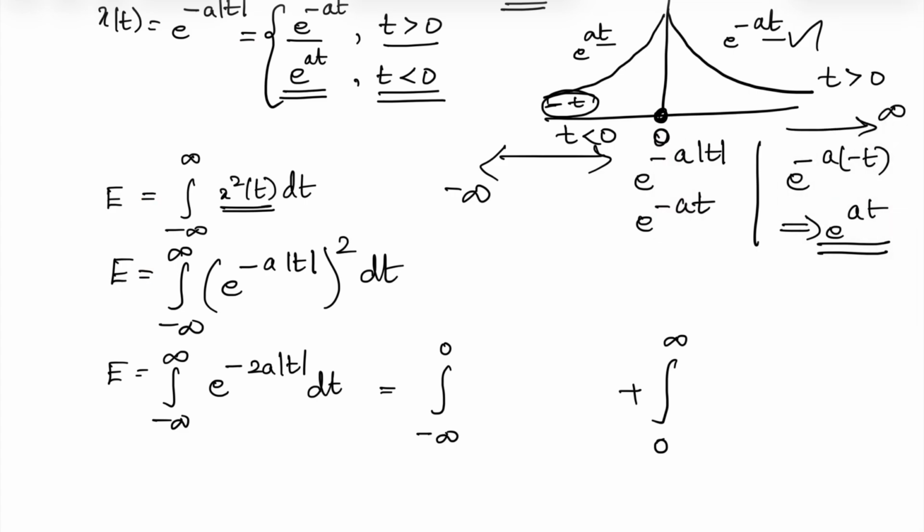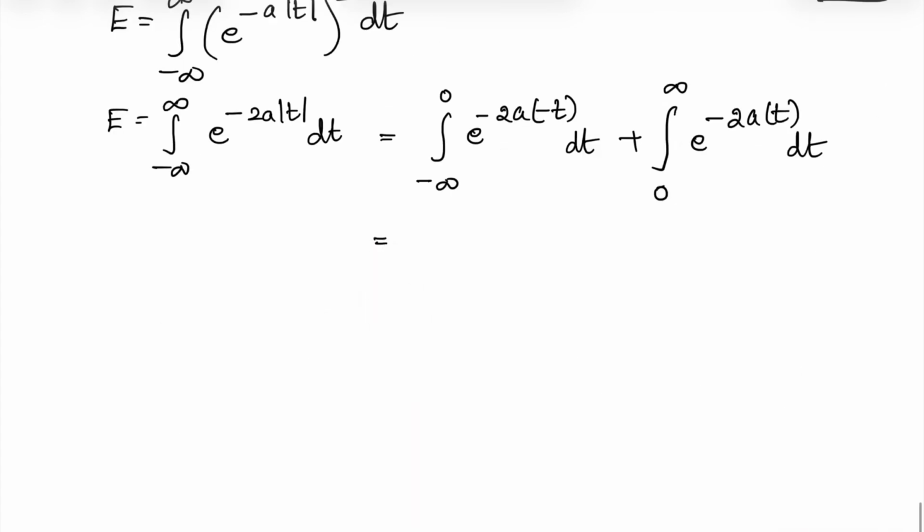From minus infinity to 0, it indicates t less than 0, and from 0 to infinity, it is t greater than 0. So just substitute both those values. What will happen? E power minus 2a, for minus infinity to 0, t takes the value minus t into dt. Again from 0 to infinity, e power minus 2a, t takes the value plus t into dt.